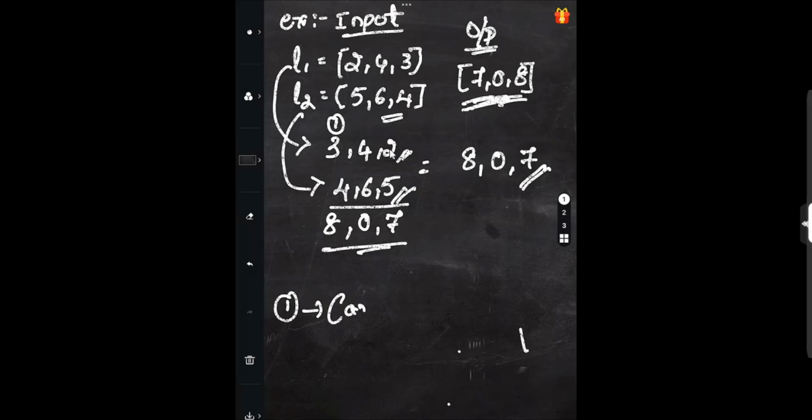Initialize carry equals 0 initially, and initialize the pointers L1 and L2 to the heads of their respective lists. This is what we are doing in the first step.